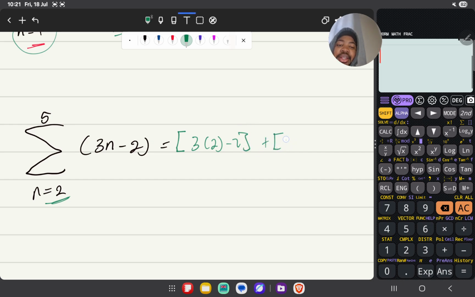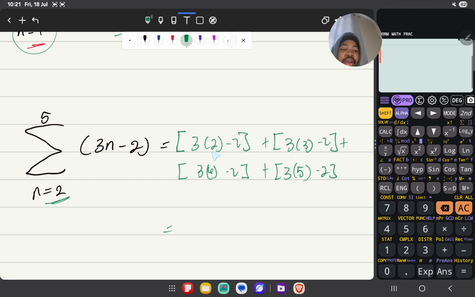Then we add 3 times 3 minus 2, then 3 times 4 minus 2, and 3 times 5 minus 2. You add all of these values.